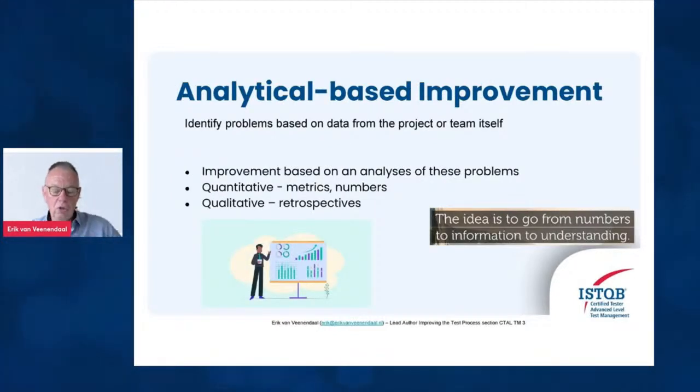The next one, after model-based improvement, is analytical-based improvement. And this is much more about numbers and data, basically getting data from your project, getting data from your team, and based on that, identifying problems. So the improvements are based on analysis of the problems based on the data. Some of the methods are what we call quantitative, so metrics and numbers, and some, like retrospectives, are more qualitative, about what is right, what is wrong.